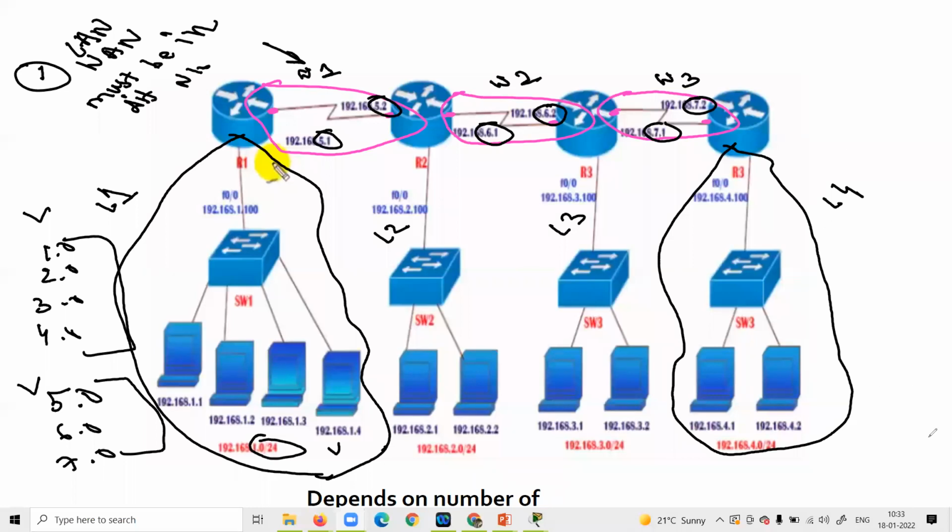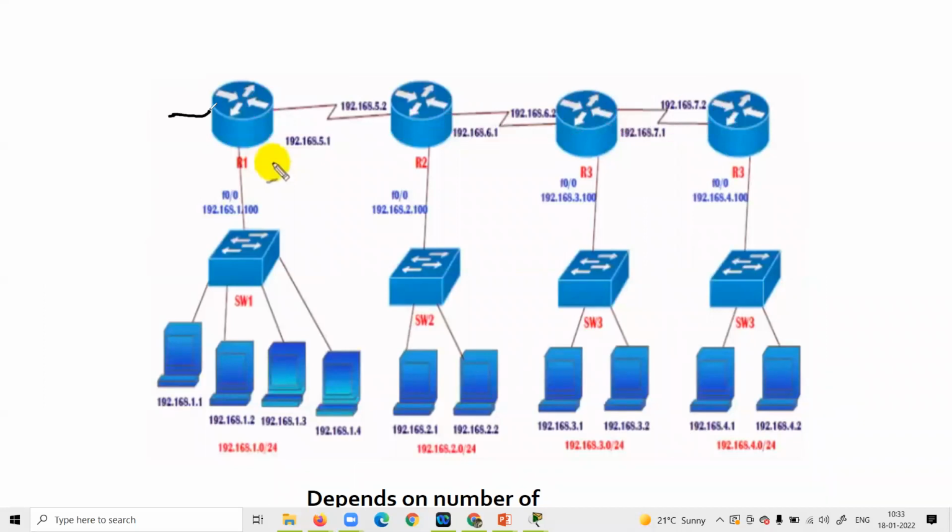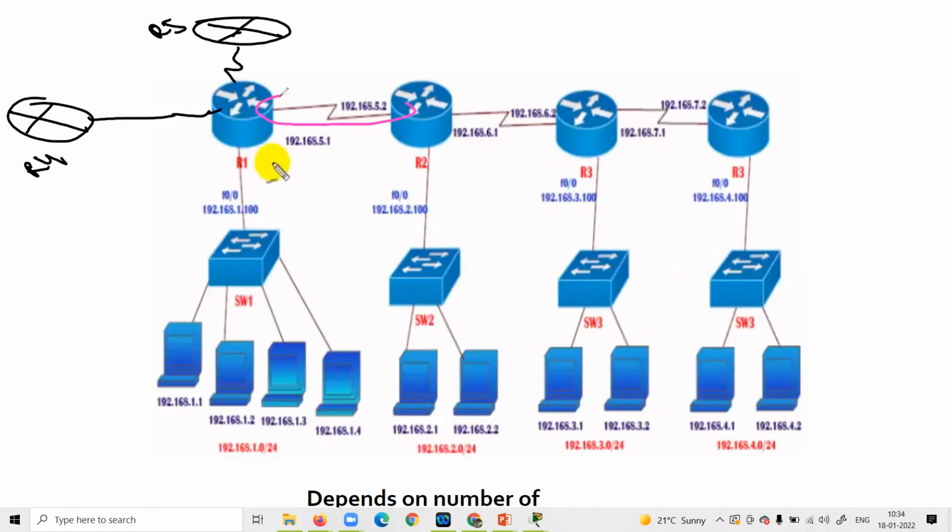Okay, no question. So see, this router can connect over here with one router. This can be connected over here with one router. So now see, this router is connected with router number 4, router number 5, right? So now here, this is one network.